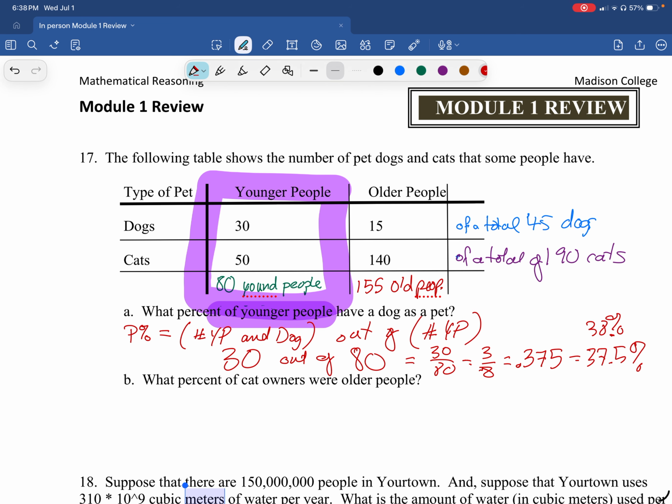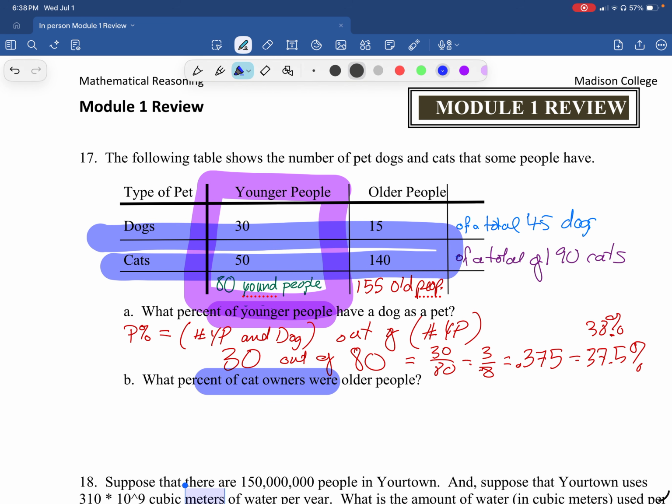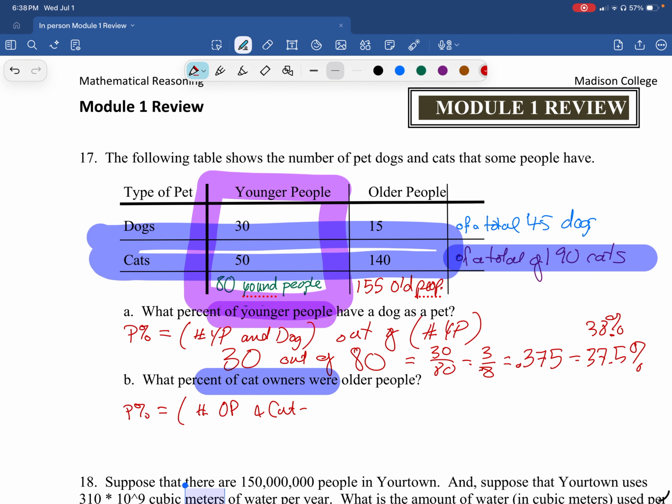What percent of cat owners were older people? So now we want this bit of data, those cat owners. For this one, P% is going to be the number of older people with cats out of the number of cats.